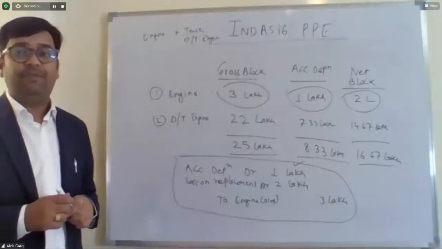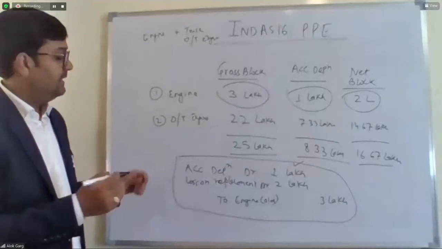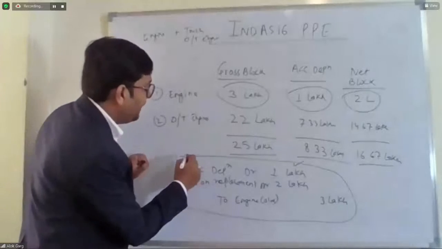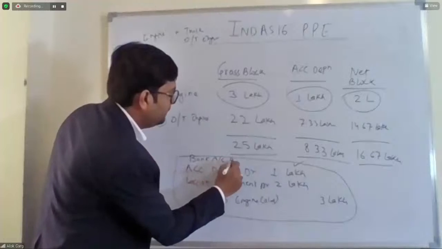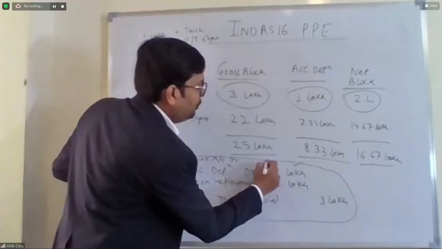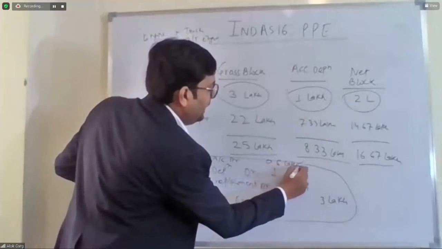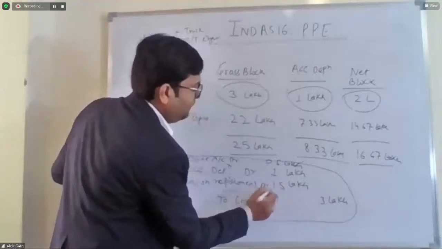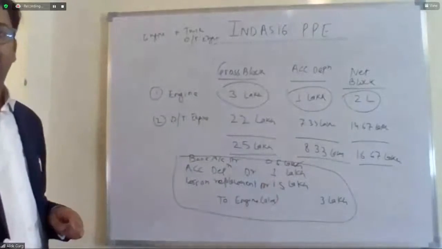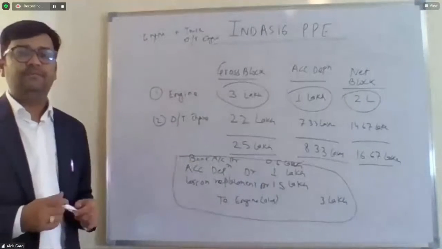In that case, the accounting entry will be bank account debit 0.5 lakh, and your loss will be reduced by 0.5, which is 1.5 lakh.